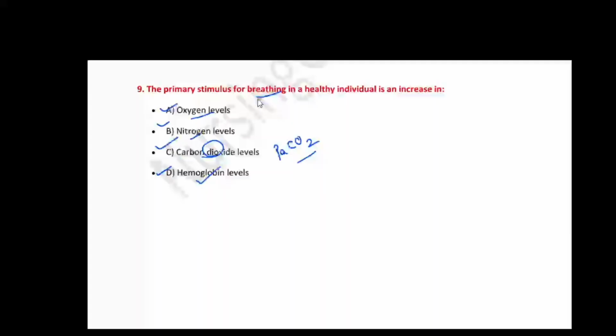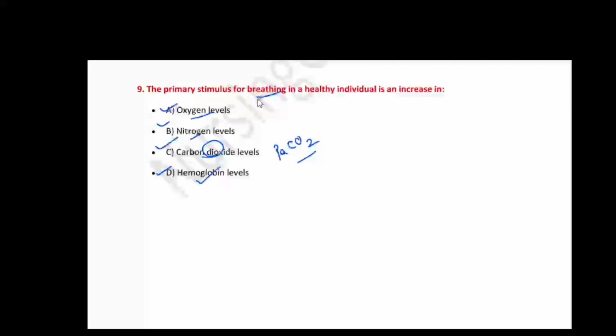Next MCQ is, which medication is considered a rescue inhaler for a patient having an acute asthma attack? Means, which of the following medicines is more important for asthma attacks: salmeterol, albuterol, tiotropium, fluticasone.